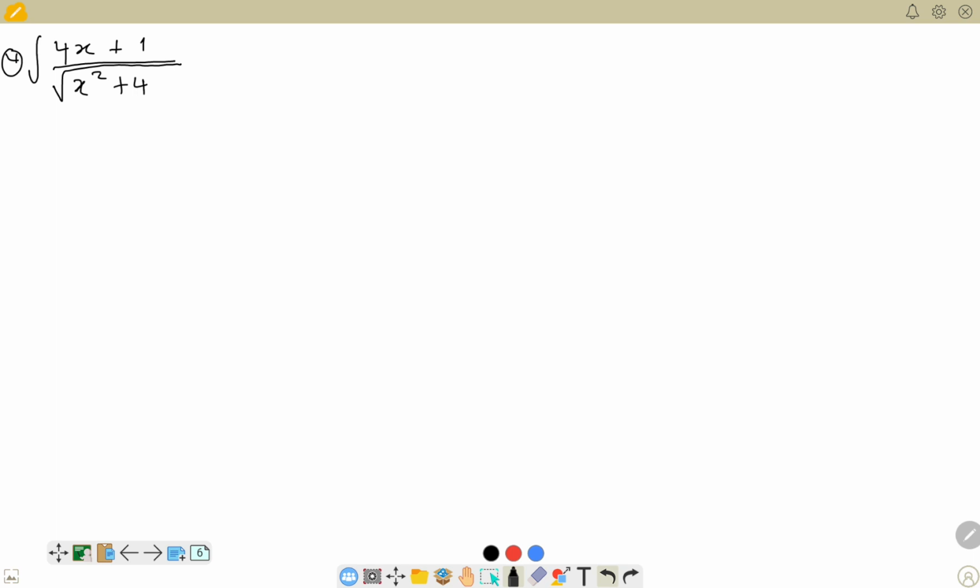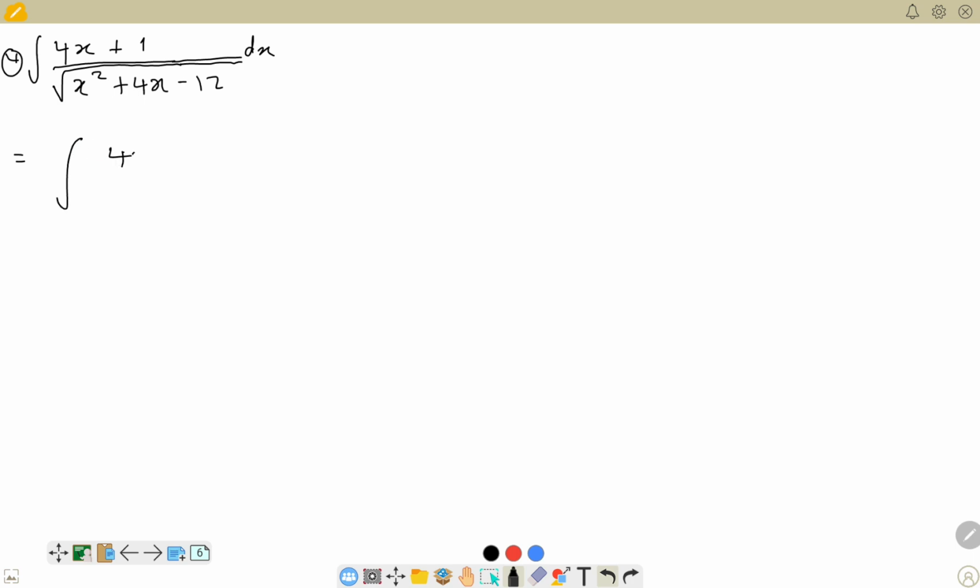So now at the top, we are having 4x plus 1. Then here we are having x squared plus 4x minus 12, and it's inside the square root. So we want to integrate this. The best thing that we can do here is to initially split it into 2. So we can say that this equals 2.